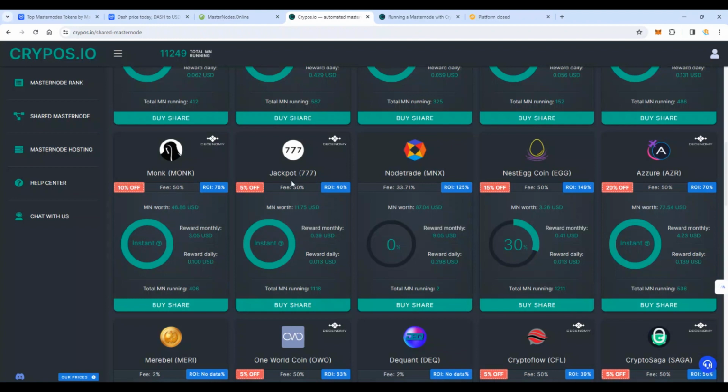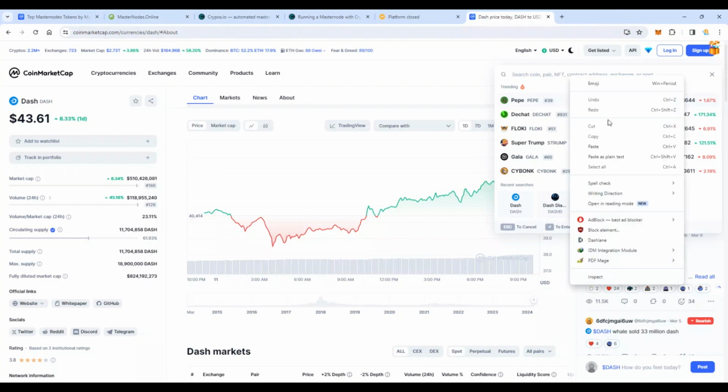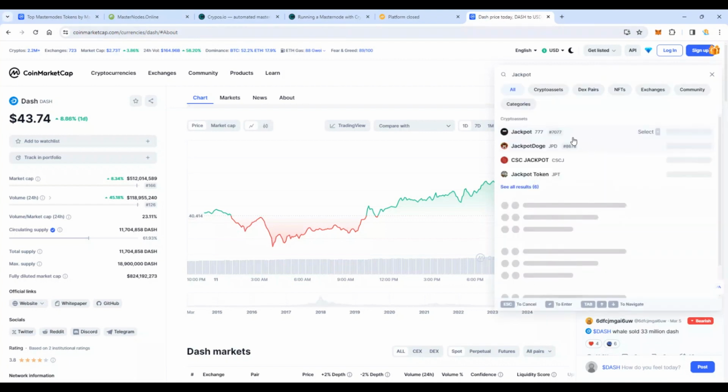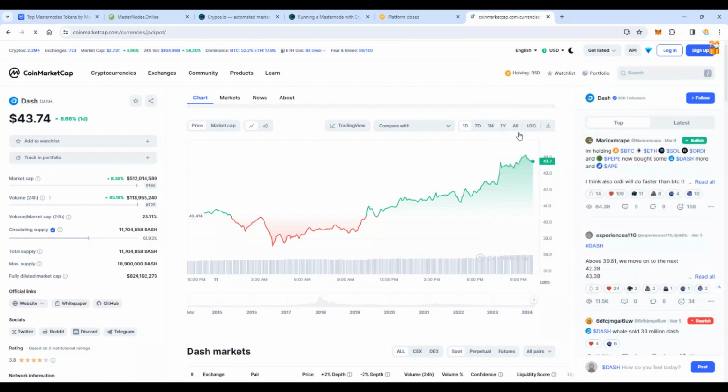So let's look at Jackpot and see what we've got here. Let me bring this up and we look for Jackpot. You can see Jackpot 777 here.